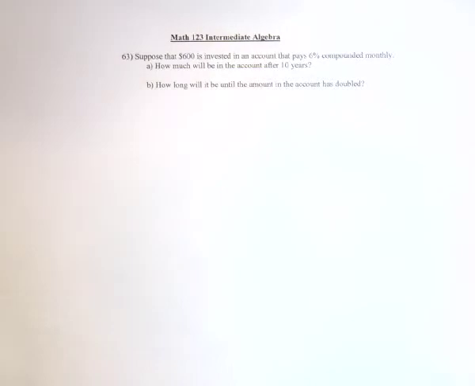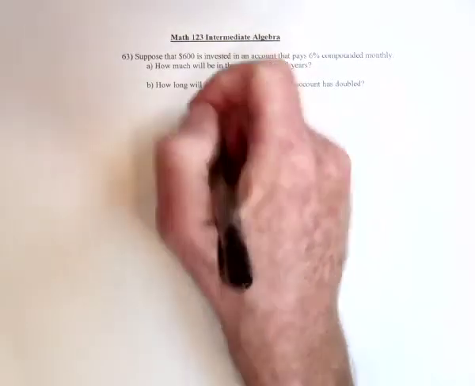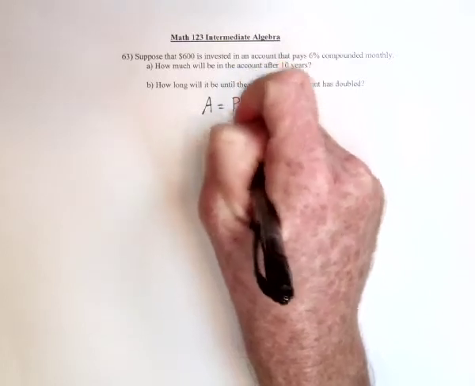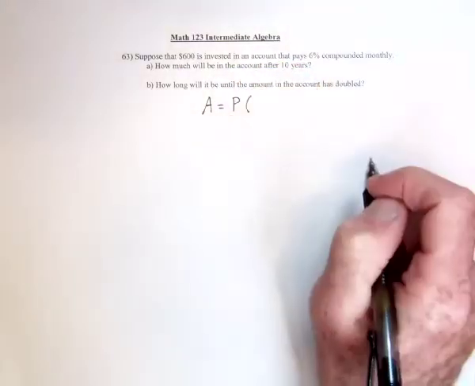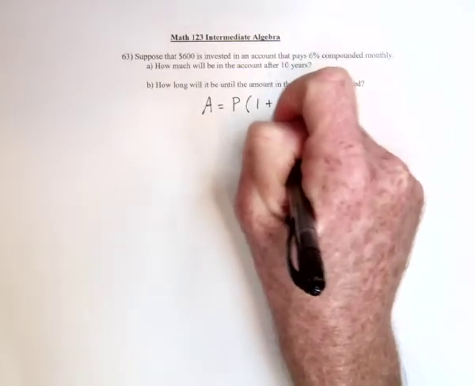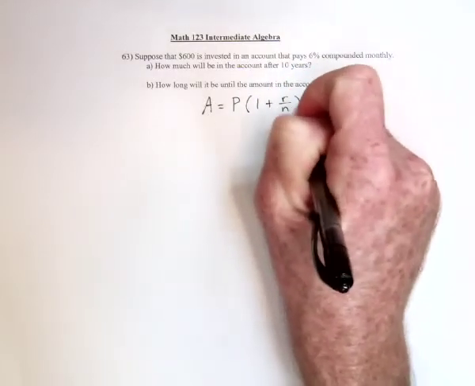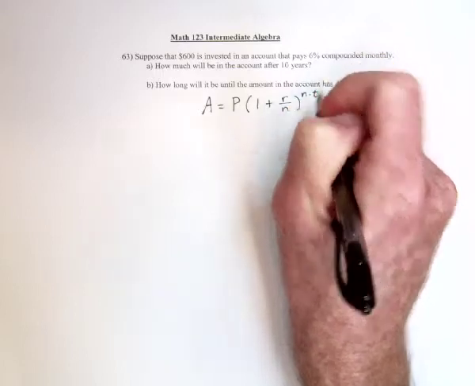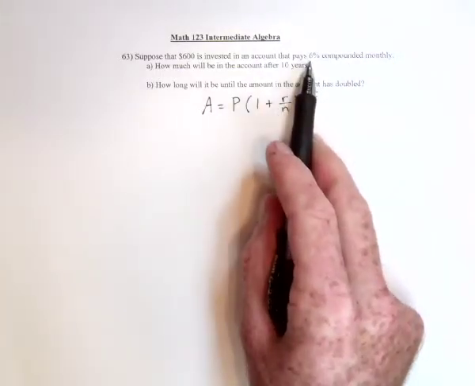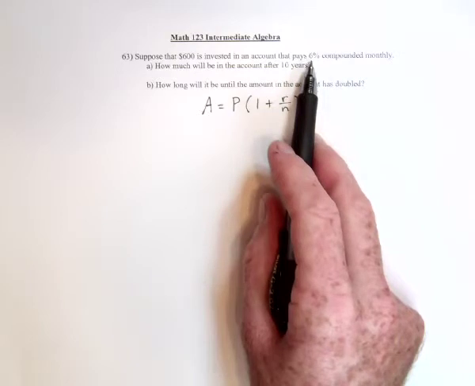First, we need to be using the compound interest formula. So the amount of money will be the principal, which is the amount invested here, $600, times 1 plus the rate divided by n, raised to the n times t. The rate is given as 6%, but we need to use decimal form, 0.06.